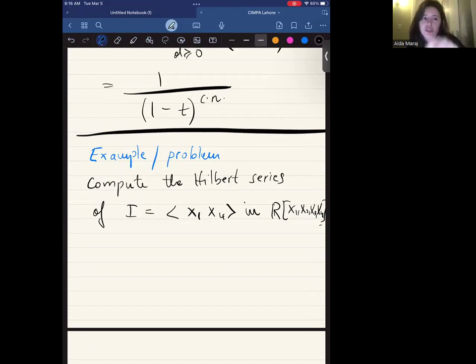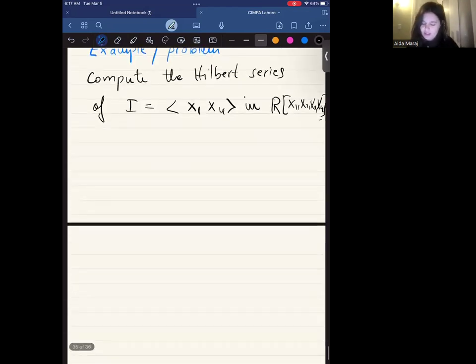But when the ideal is not monomial, then we need to do some Gröbner basis theory and end up with the leading term ideal and then do counting again. Or alternatively, one can go to the algebra, and when we deal with the toric ideal, the algebra is a monomial algebra and we always compute monomials there. I'm leaning more toward this because a lot of the theory that I'm going to explain in the future takes advantage of this perspective. Okay.